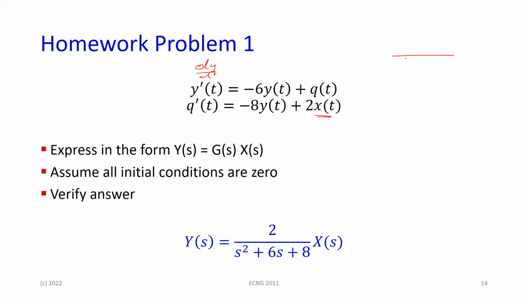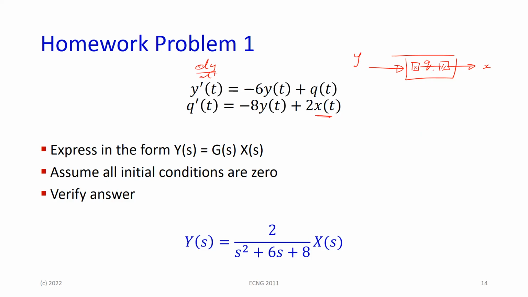So you have a system where y goes inside here, it goes to something that takes y and gives you an output q, and then another part of the system that takes q and gives you x coming out. Okay? Fair enough? So the q is like an internal signal.